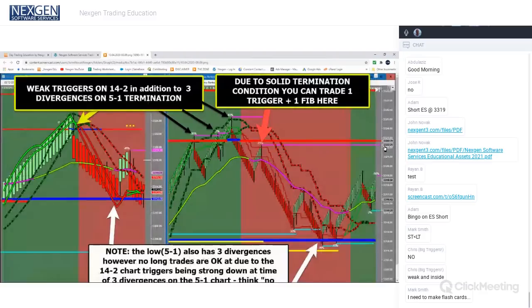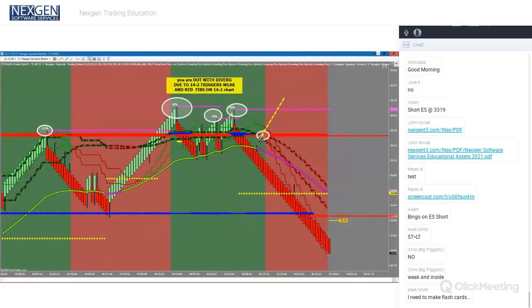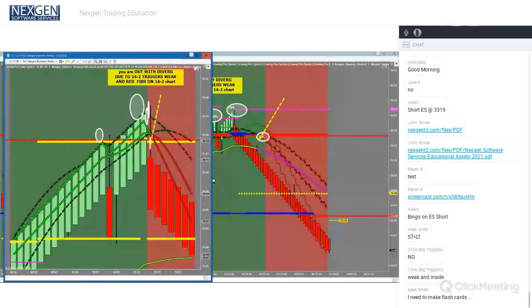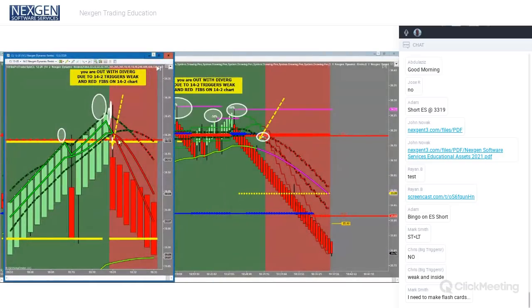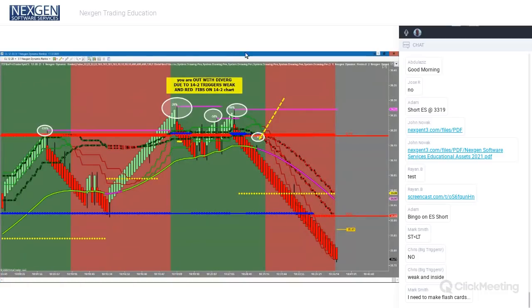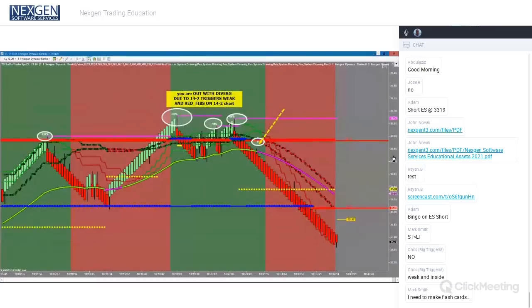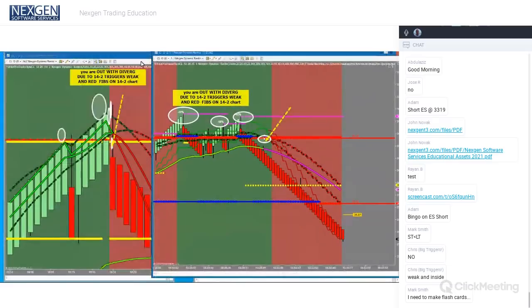Double termination condition followed by triggers and fibs agreeing. We were pretty darn close, but not quite. Double termination conditions on both charts. Anticipation down. Find a reason. Pretty easy, right?